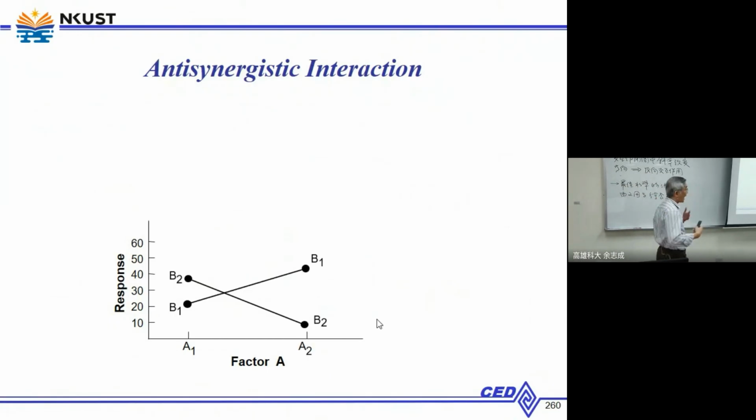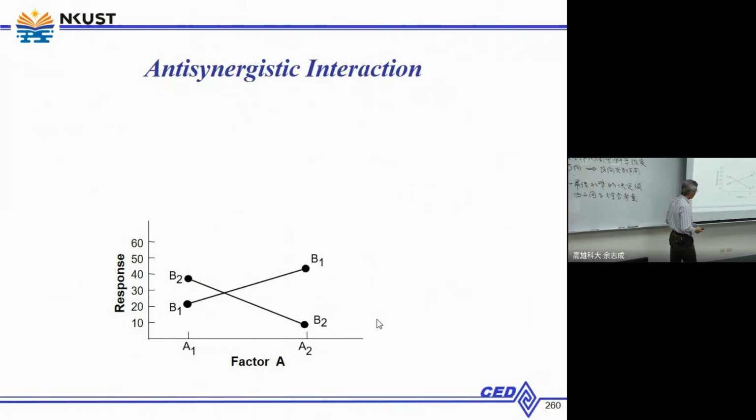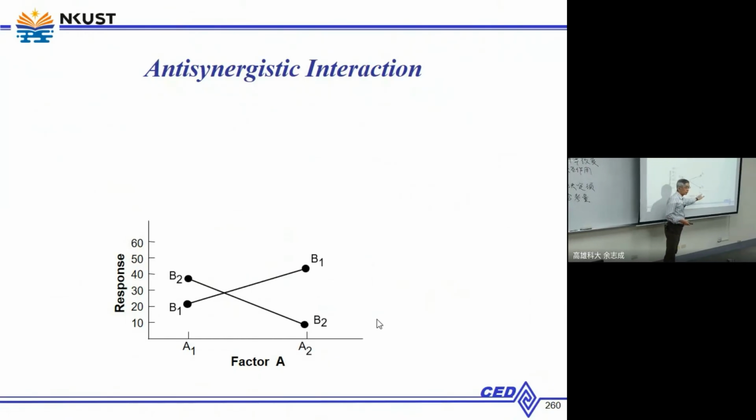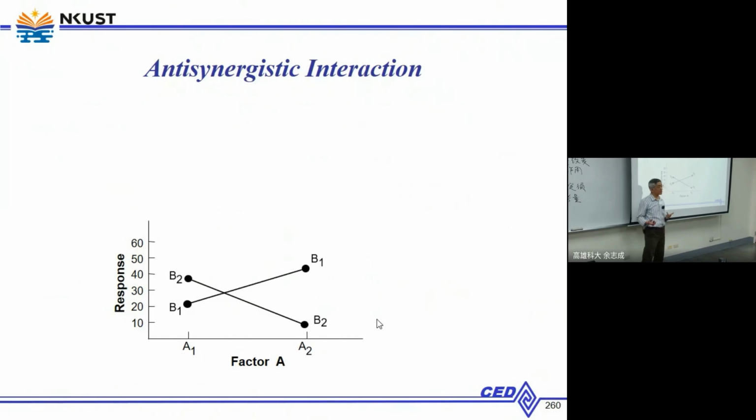Because when I ask the question, A1 and A2, which one is better? Should you select A2 or A1? You will say that it depends. Depends on what? Depends on whether you are talking about B1 or B2.